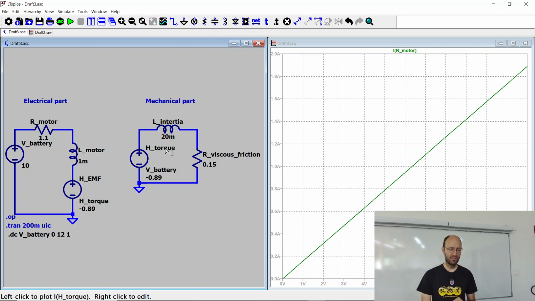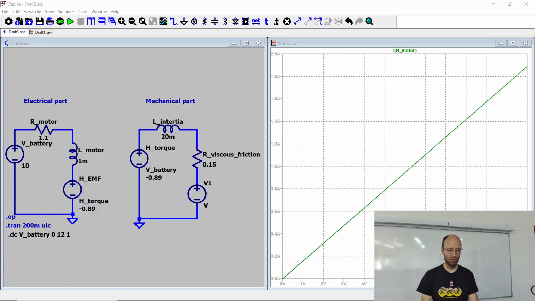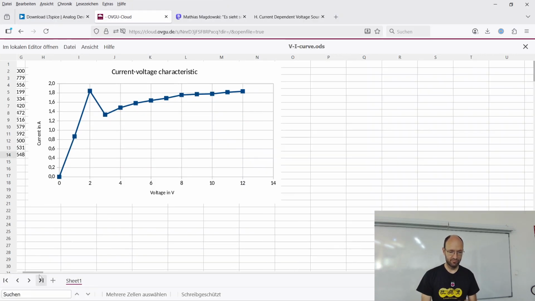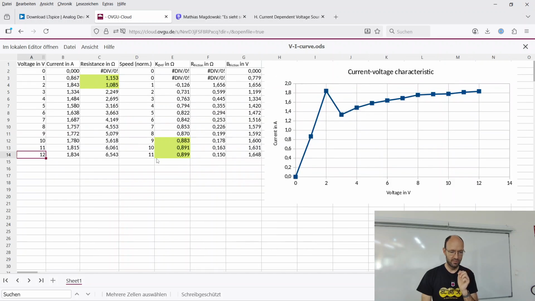We could try. If I once again take this tool to stretch this down, and now add another voltage source that is opposing the torque, right? This source does a current in this direction, clockwise. This source would do a current in the other direction, counterclockwise. If I go back to my table, I've tried to calculate this here.